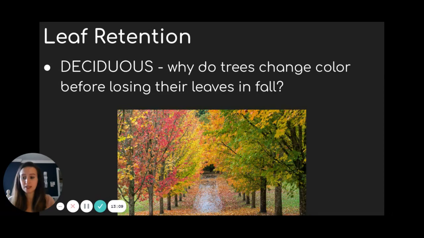So they're changing color because that chlorophyll is leaving the leaves, and any other pigment that can be found in that plant is what is showing. So you might see the reds, yellows, oranges. And I know there are some trees that have those color leaves all year round, and that's just because that pigment is more prevalent than the chlorophyll that's in it.